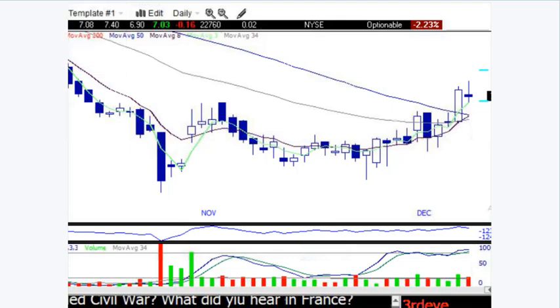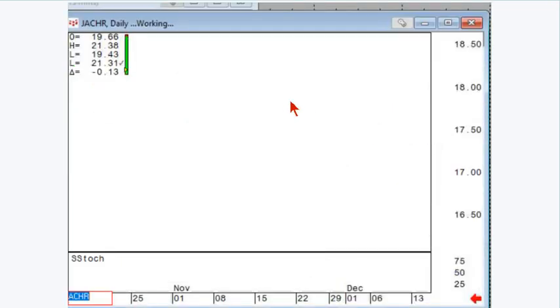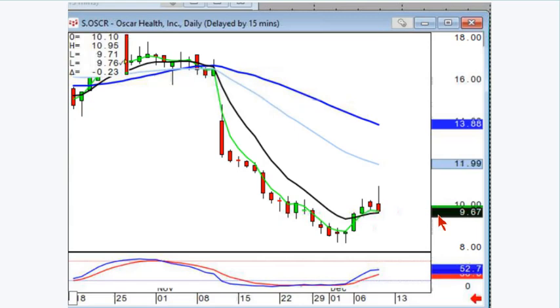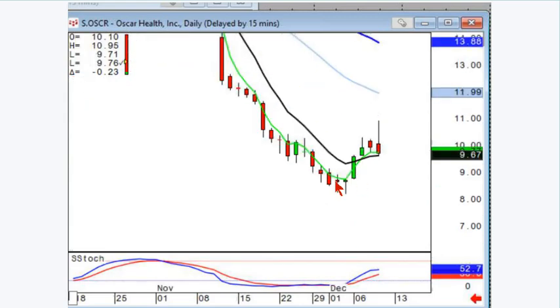Oh, we're on the wrong chart in the first place. Oscar, now that's a little bit dangerous. You can see the doji, best friend gap up. You're still above the T-line.